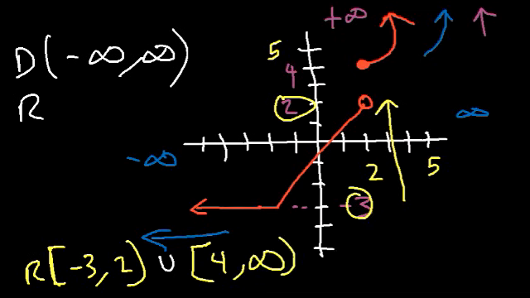So as you can see, it starts at -3, stops at 2. There's nothing between 2 and 4, and then it starts back at 4 and goes up to infinity. And that's the way you want to see it when you're looking at the range. If you want to find the range, focus on the y values. If you want to find the domain, focus on the x values.